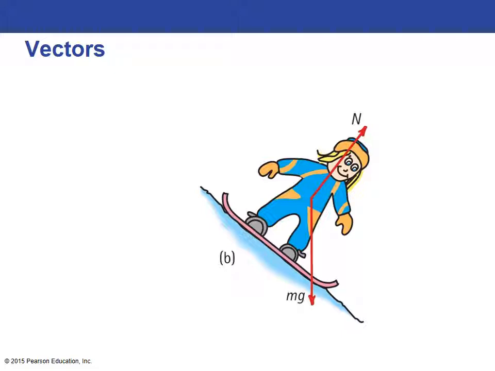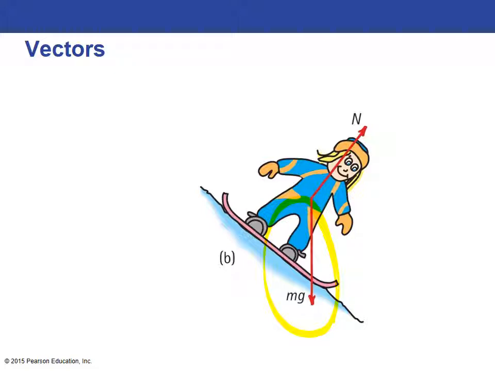Now remember that the normal force stays perpendicular to the surface. That's by definition. Has her mass changed? No. Has the acceleration due to gravity changed? No. So her weight is the same, but because she's at an angle, her normal force is less.